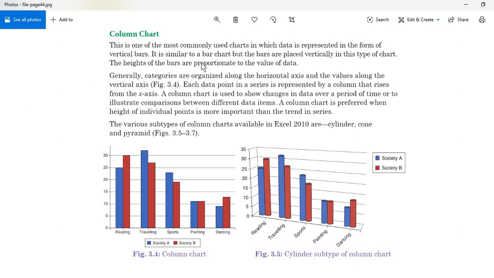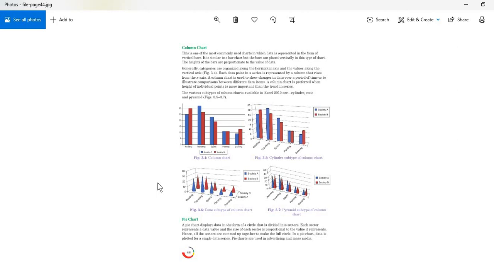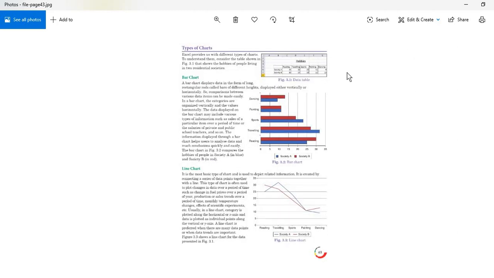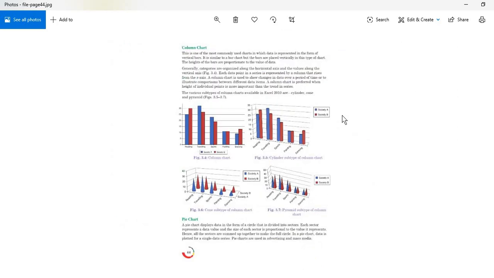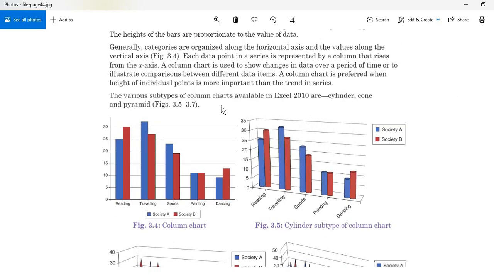It is similar to a bar chart, but in this type of chart, the bars are placed vertically. And the last type of chart, what was it? Wait. The bars were placed horizontally, right? So, let's go to the next one.